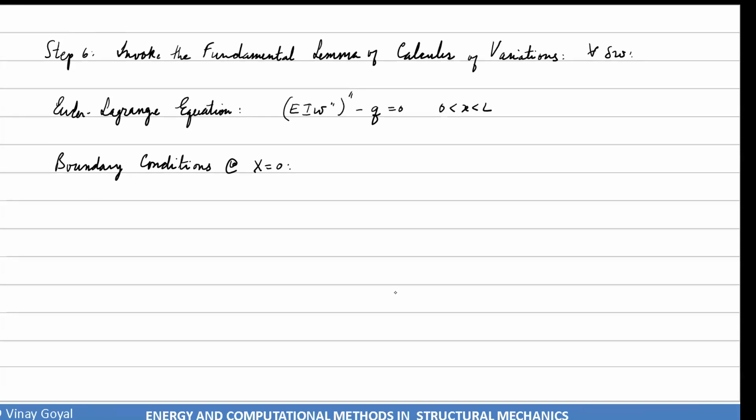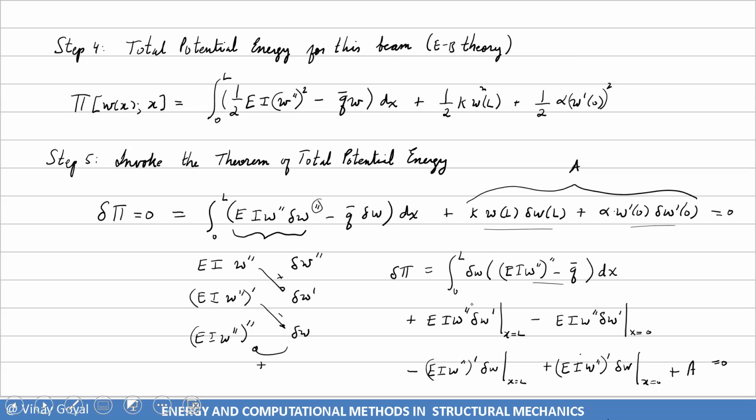In this case, the boundary condition at x equals 0 can be looked at by noticing how this term and this term can come together.